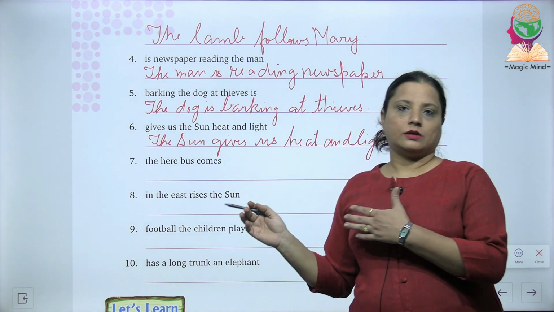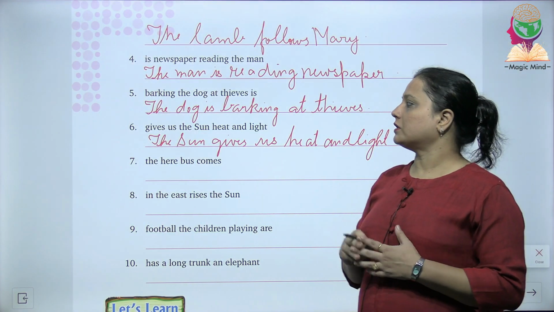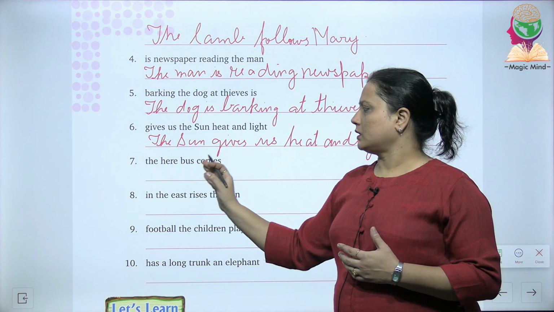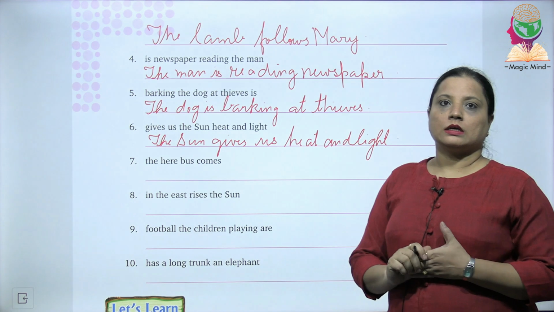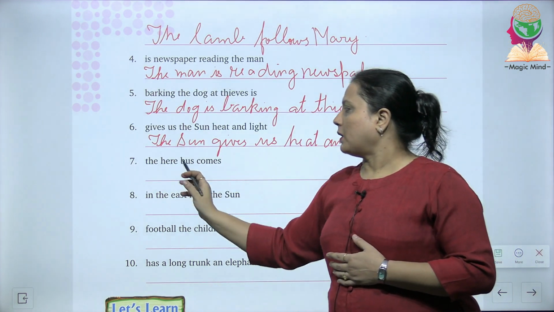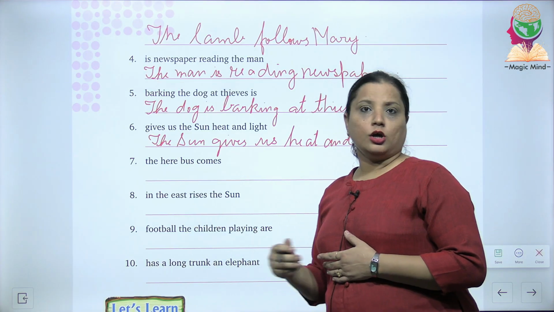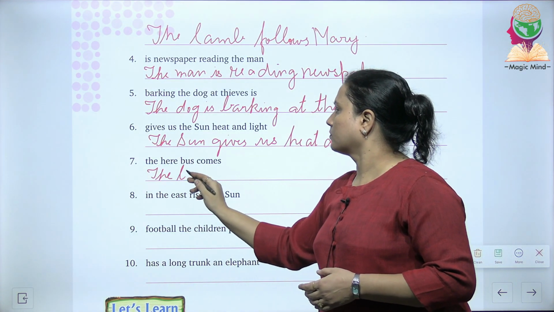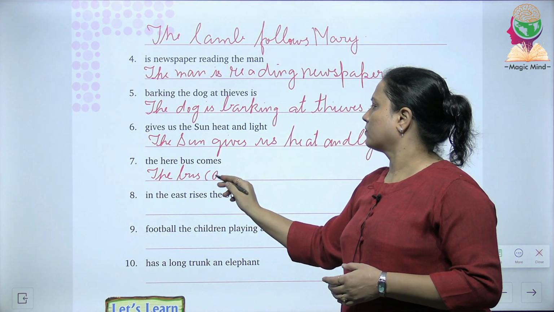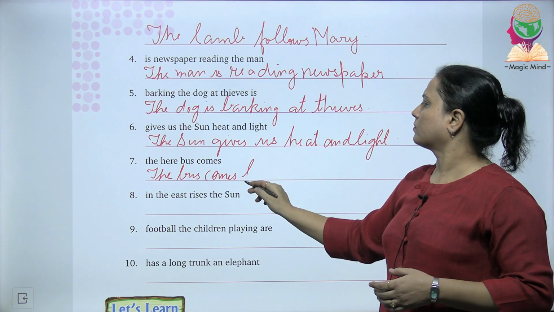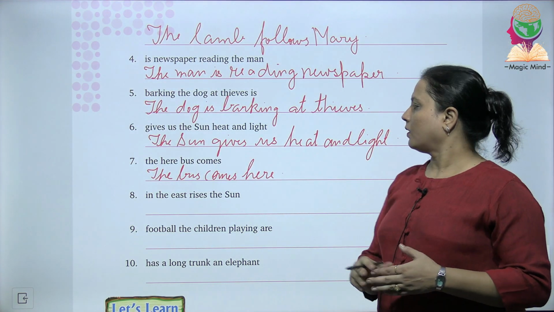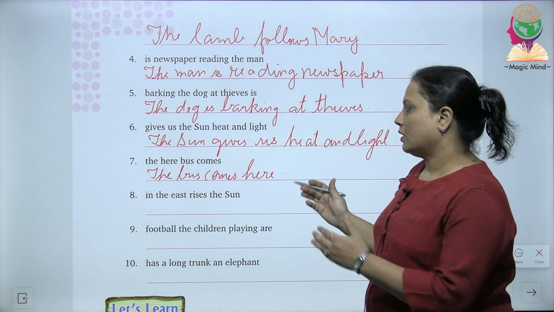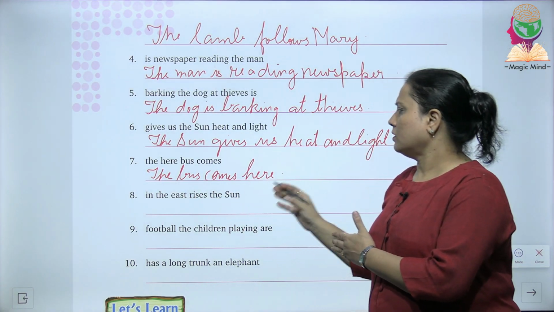Now the next group of words, the seventh one, is the hair bus comes. The correct sentence will be, the bus comes here, and a full stop. Then the eighth one, in the east rises the sun.